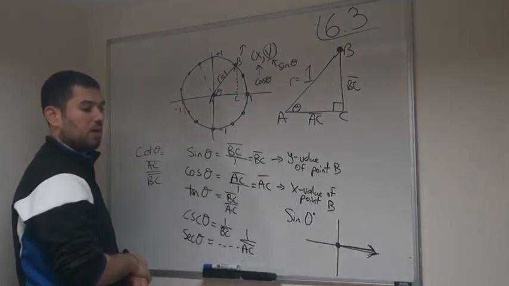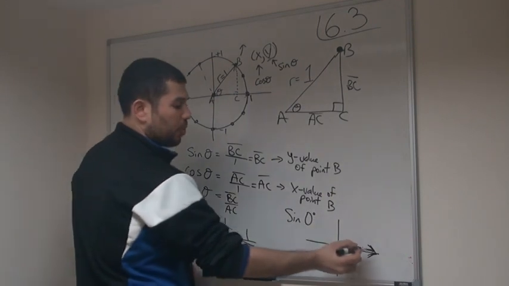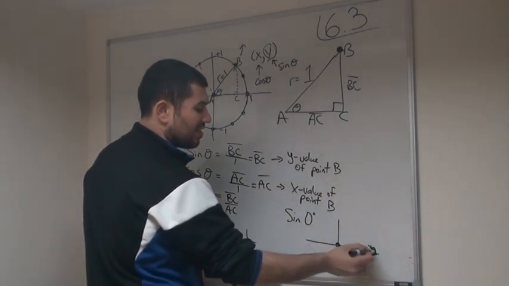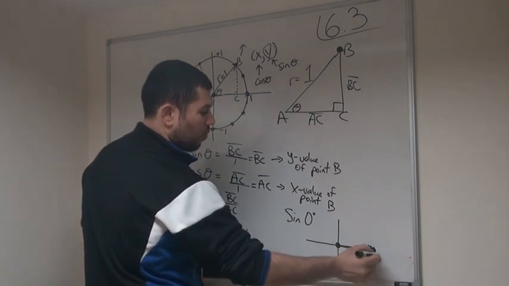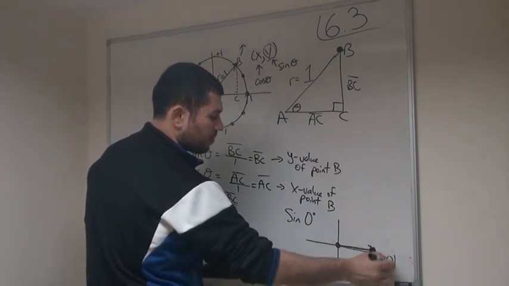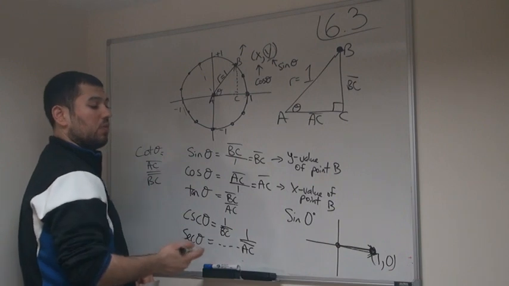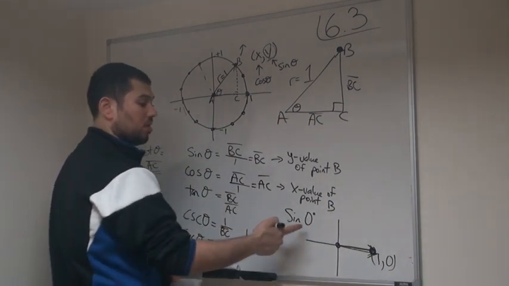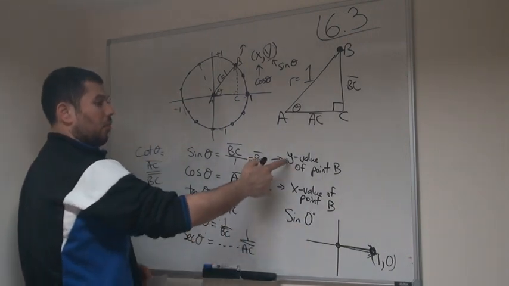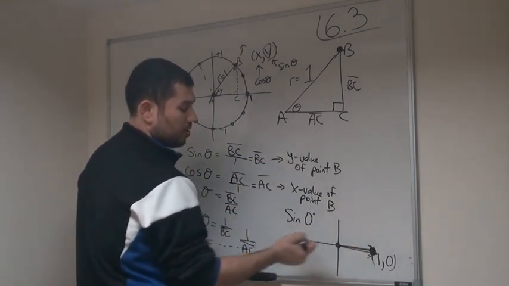It doesn't go anywhere. That terminal point has a point on the x-axis of 1, 0. We know that the sine would be, since it's a unit circle, the y value of the terminal point.